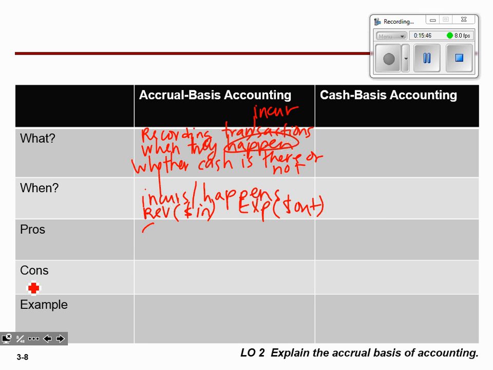The first pro is that this is GAAP approved. It's more transparent. The events align with when they happen. I know it seems so obvious, but when it happens, we record it.